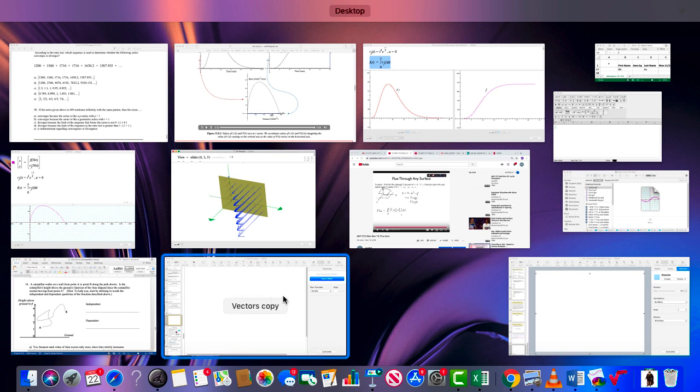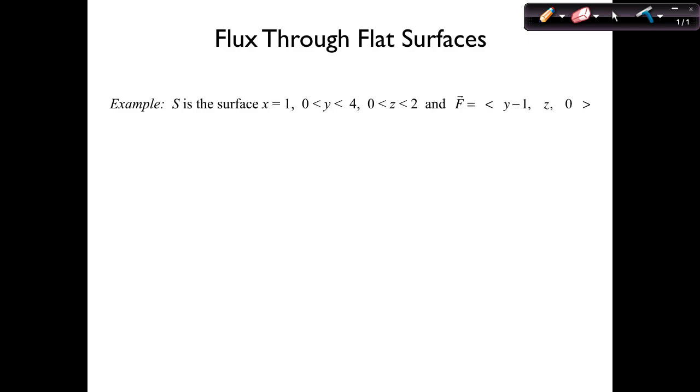Good. Okay, so where are we? Let's draw it here. So x equals 1, y from 0 to 4, z from 0 to 2. That's it right there.